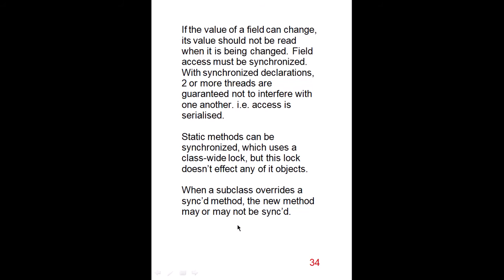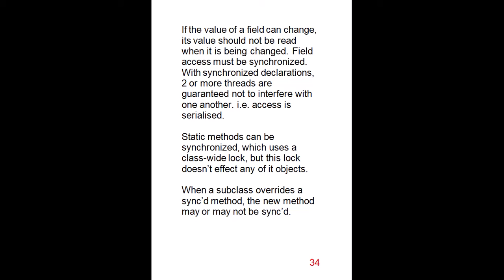So if the value of a field can change, its value should not be read when it's being changed. So field access must be synchronized. With a synchronized declaration, two or more threads are guaranteed not to interfere with one another. In other words, access is serialized.